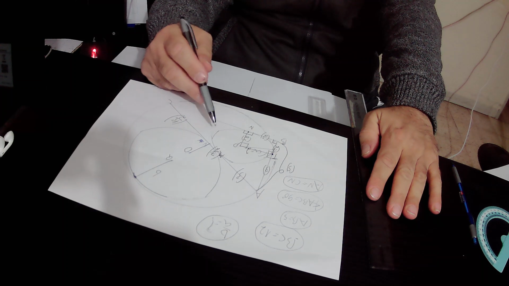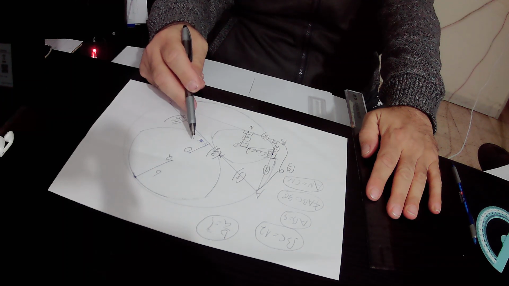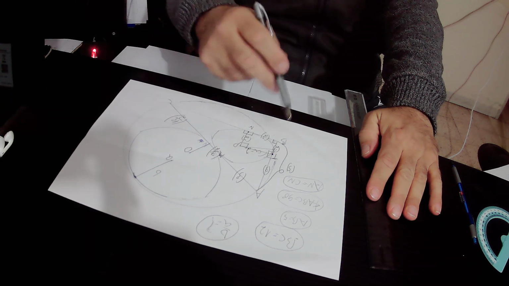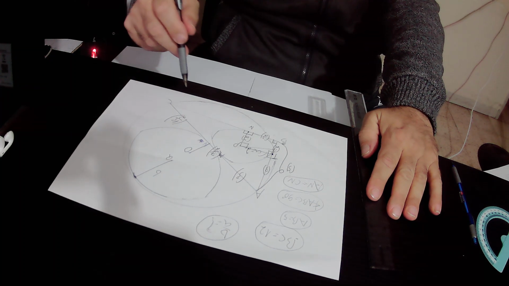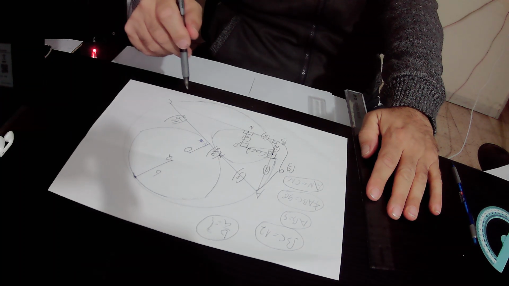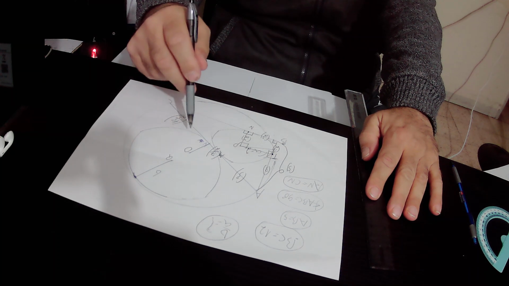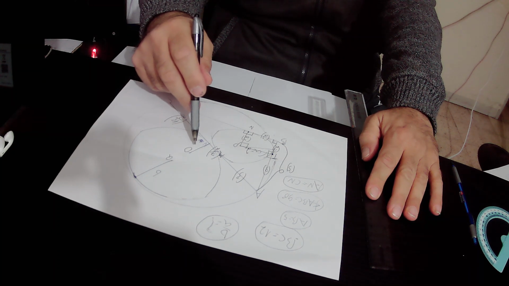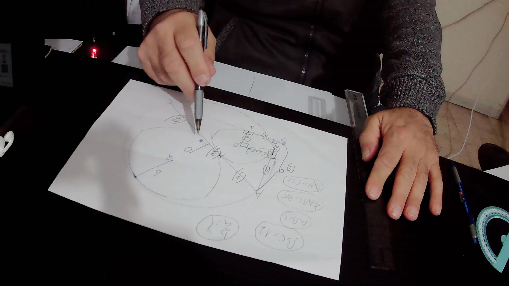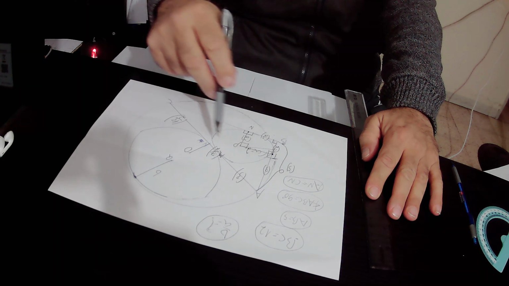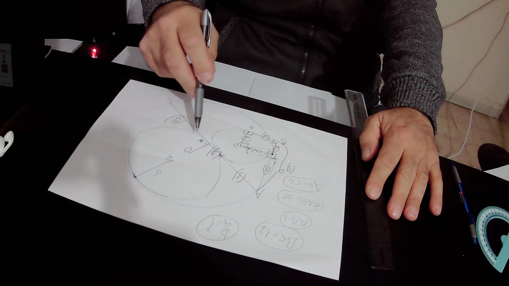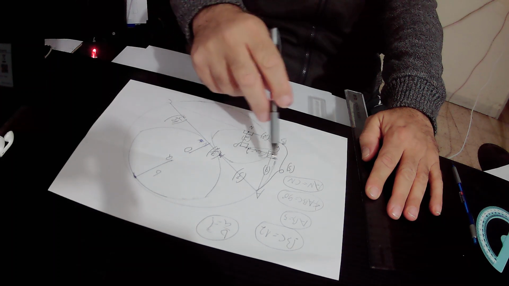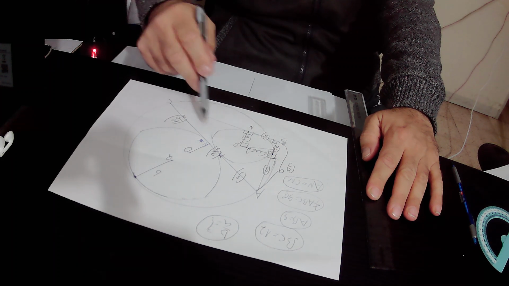Line segment ON starts from the center of the biggest circle and ends at point N. Line segment ON, from the center of the biggest circle, that is to say from point O, bisects chord AC, that is to say AN equals NC. Again, line segment ON bisects chord AC because AN equals NC.